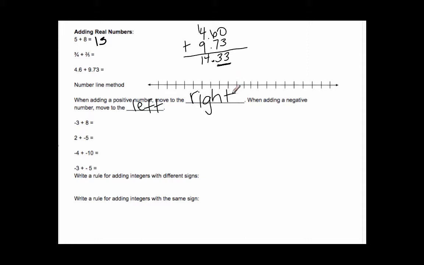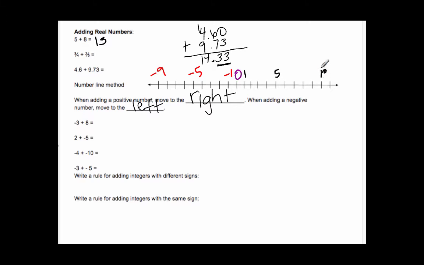I'm going to put my 0 right here. And this is going to be my -1, 2, 3, 4, -5, 6, 7, 8, and this is -9. And then my positive numbers would be 1, 2, 3, 4, 5, 6, 7, 8, 9, 10.